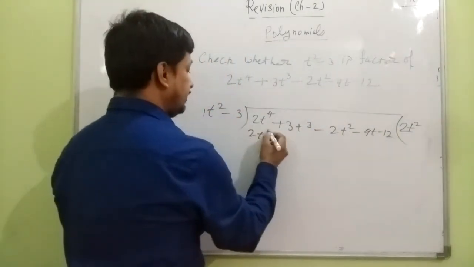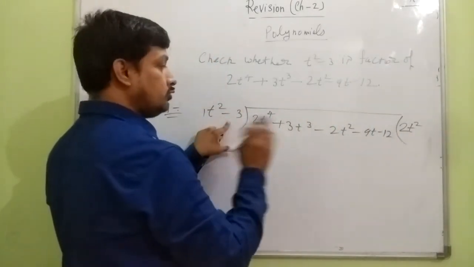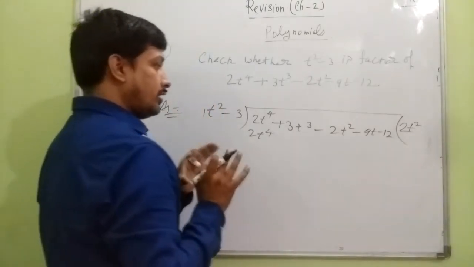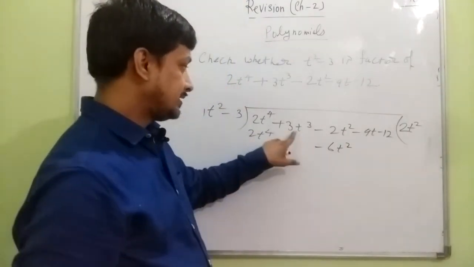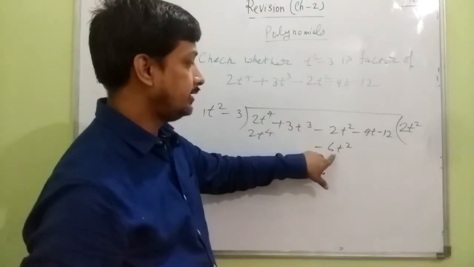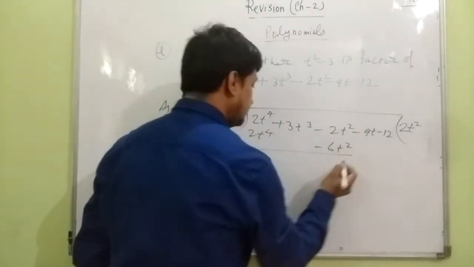So 2t square into t square minus 3 gives 2t to the power 4 minus 6t square. But you have to keep in mind, you have to put the term accordingly, because it has the power 3, so you cannot put this term here. You have to keep this term below the corresponding term. Now change the sign.